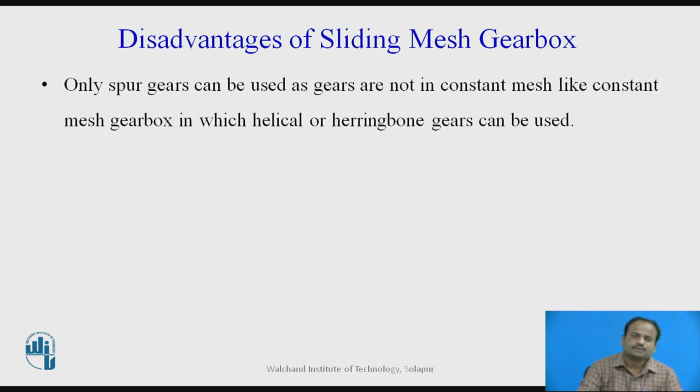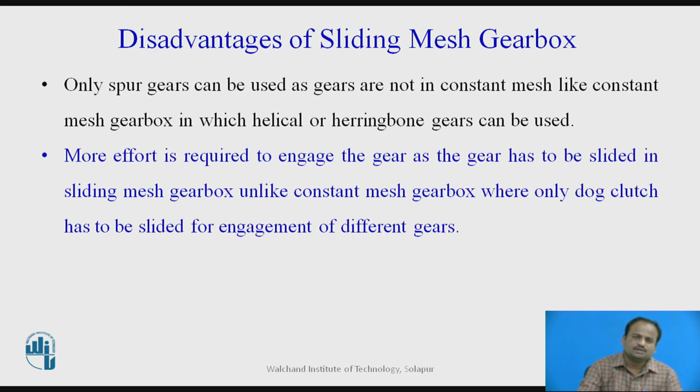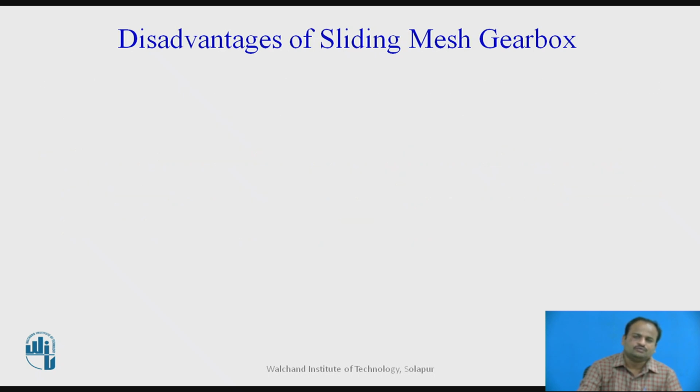Disadvantages. Only spur gears can be used as gears are not in constant mesh like constant mesh gearbox, in which helical or herringbone gear can be used. More effort is required to engage the gear, as the gear has to be slided in sliding mesh gearbox, unlike constant mesh gearbox, where only dog clutch has to be slided for engagement of different gears.